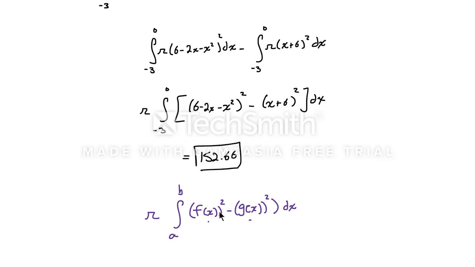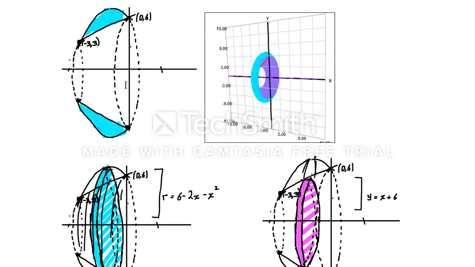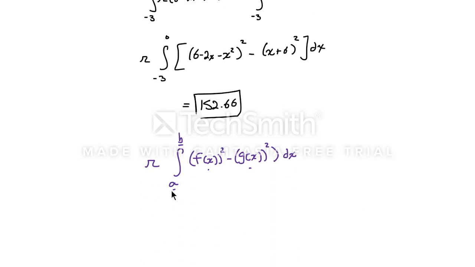F of x and g of x will represent the radius of the upper and lower curve respectively, and a to b requires some figuring out. You may or may not have access to a graphing utility depending on what kind of class you're taking. Here I kind of started off with that knowledge, but at some point I will post a video demonstrating how to arrive at these sorts of limits yourself. But in general, this formula will get you where you need to be.